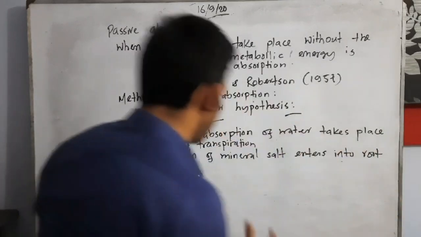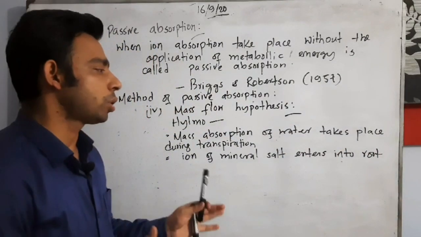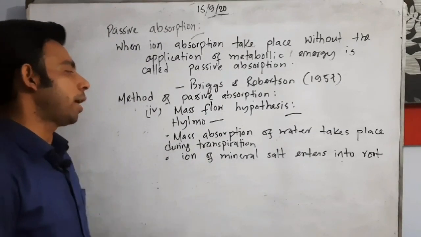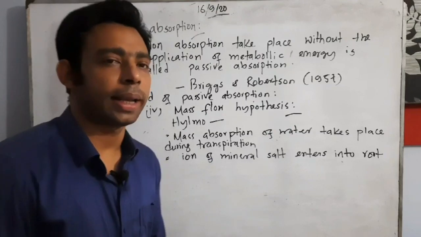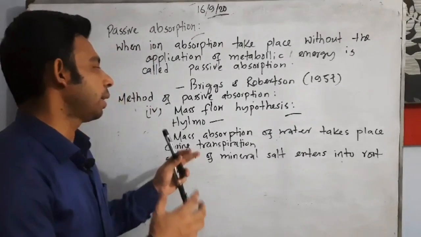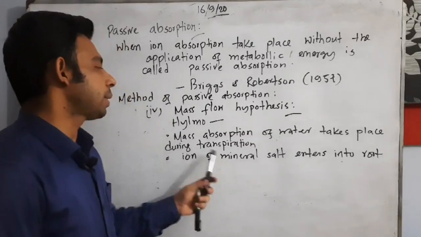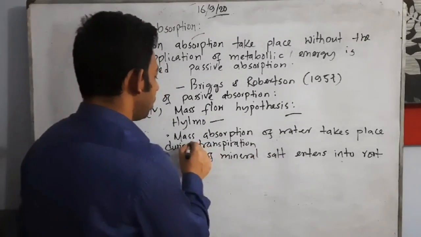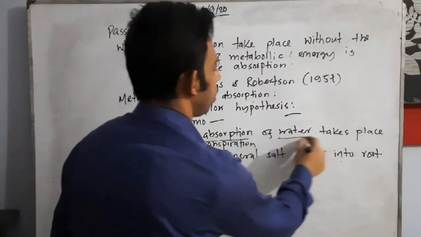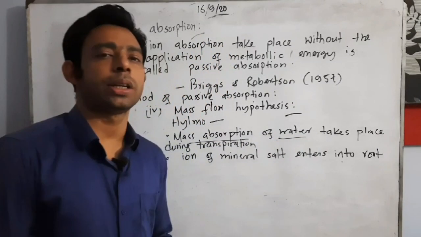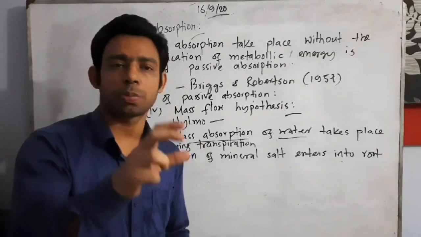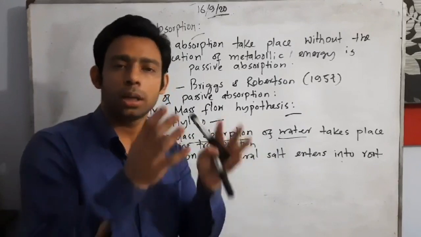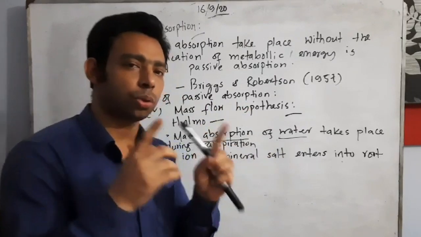Yes, now actually this concept is not accepted by all. So what is the mass flow hypothesis? Helmo and Karaman are the scientists who gave the mass flow hypothesis, and mass absorption of water takes place during transpiration. Actually, mass absorption of water and ions takes place during transpiration, because during transpiration lots of water molecules come out from the aerial part of the plant through that surface.